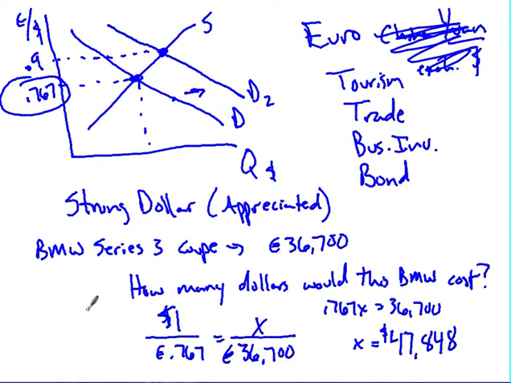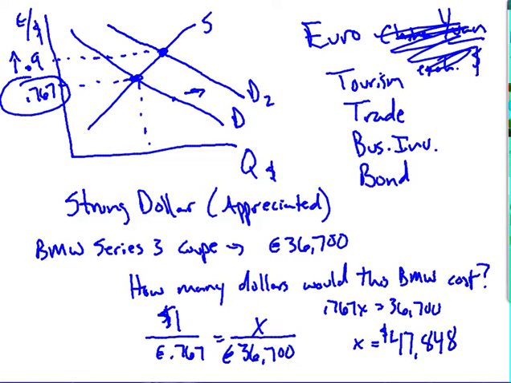So if you're sitting in the U.S. and you wanted to buy BMWs from over in France or Germany, you were shipping a BMW into the United States, and you had to pay euros for it, you would have to pay $47,848 for it. So what happens if the demand for the dollar goes up, and so now the new exchange rate is 0.9?